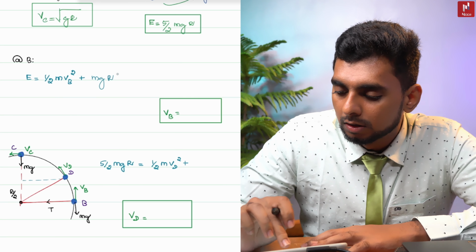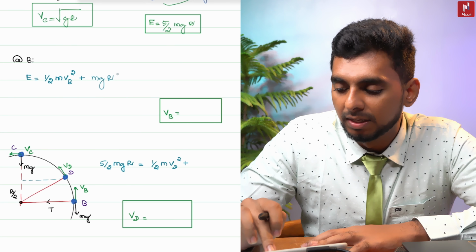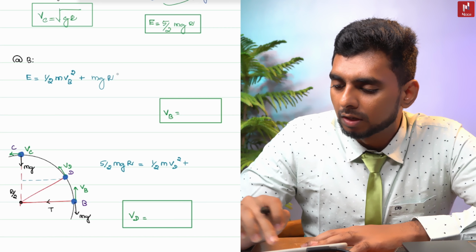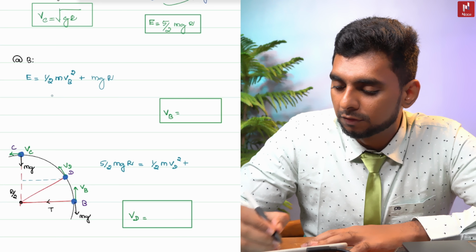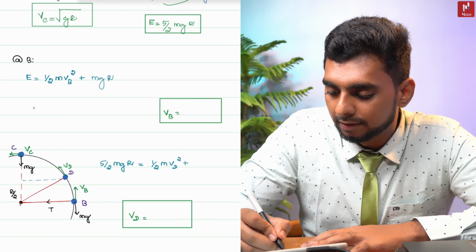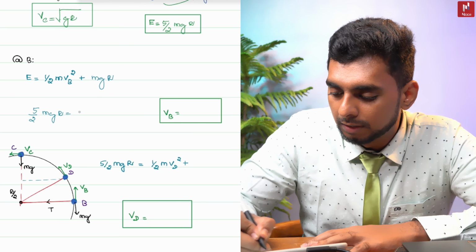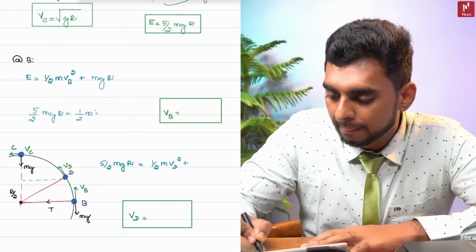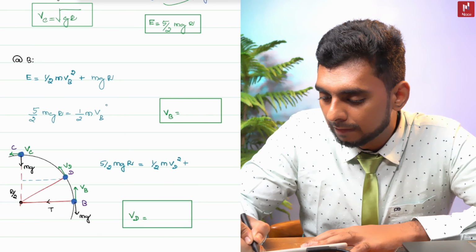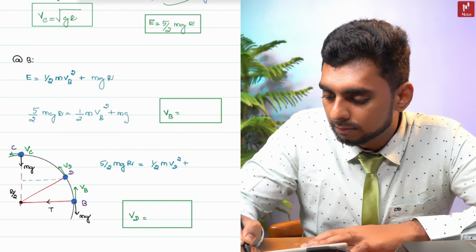So E equals half m vb square plus mgr. Now instead of E, I'll be able to substitute 5 by 2 mgr. So you will have 5 by 2 mgr, which will be equal to half m vb square plus mgr.